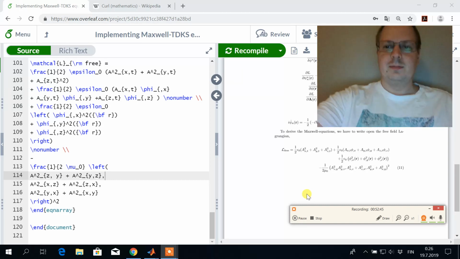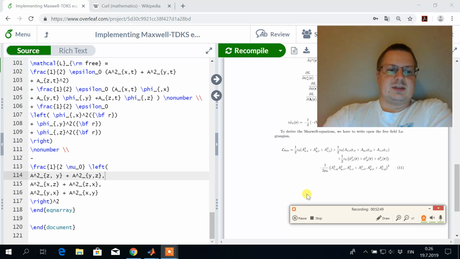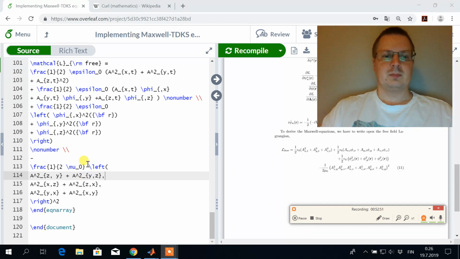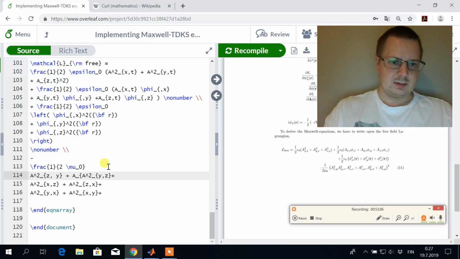So where was I? Yeah, I was expanding this, and then z y z and minus 2.